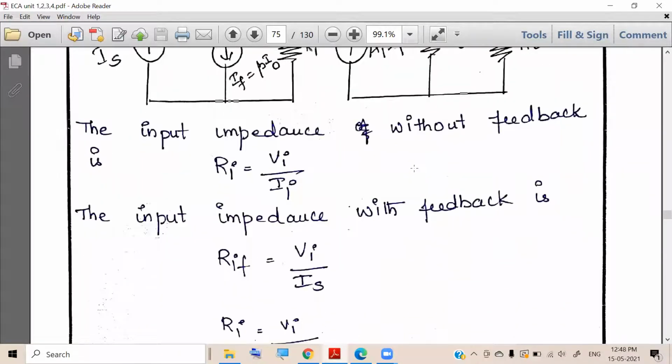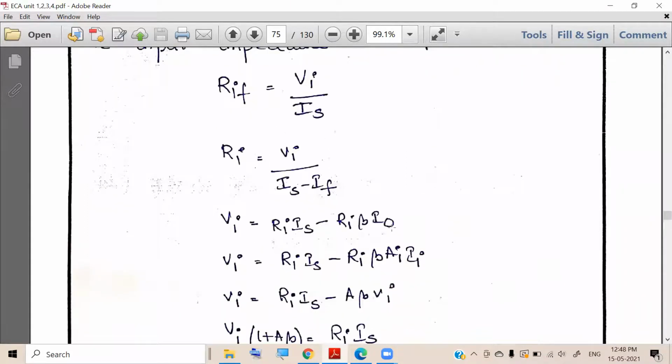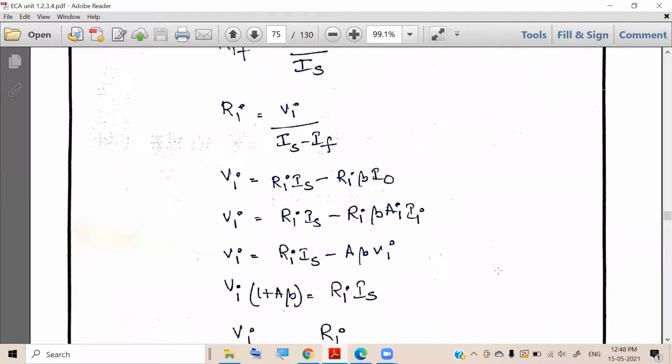We can approximately represent it. So in place of Io, next we are writing AI into Ii. Then Ii into Ri, we can write it as Vi.